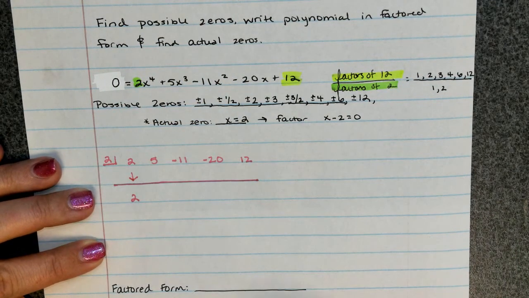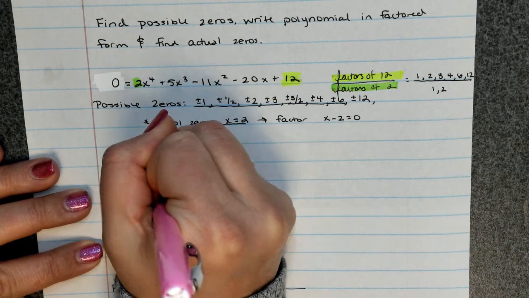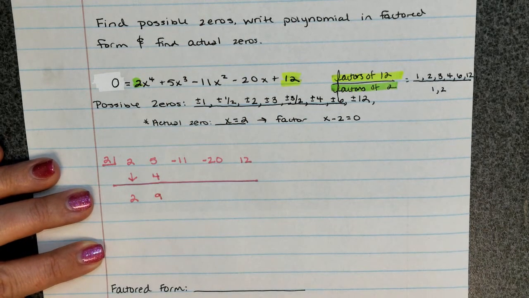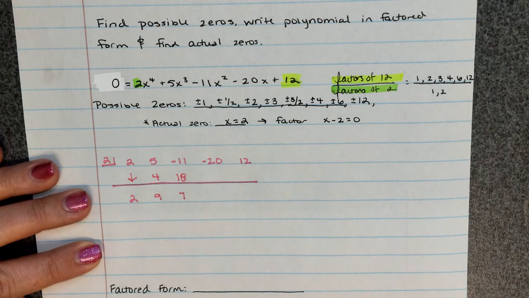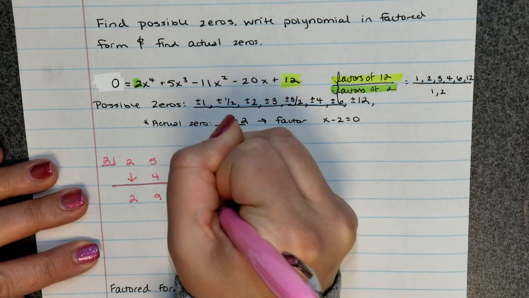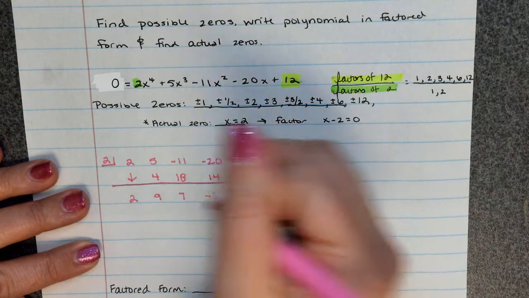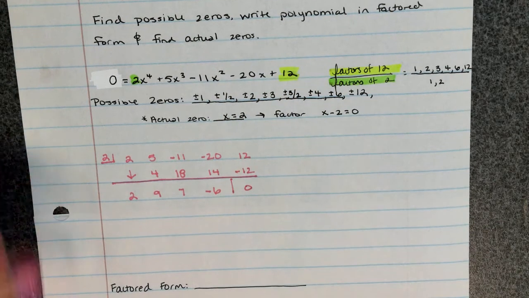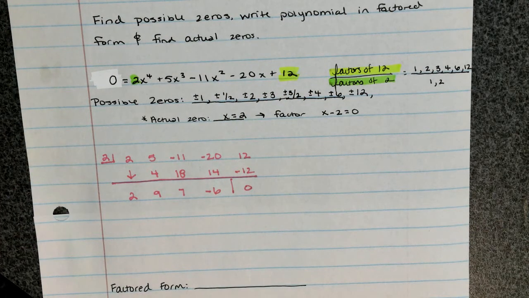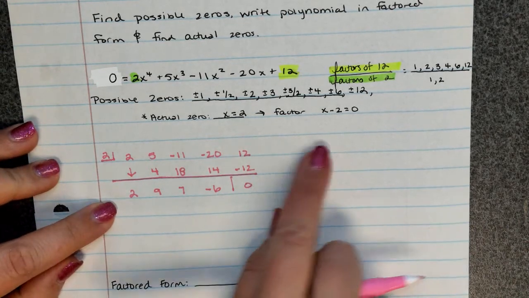And I bring down the 2. Now I'm going to take that 2, multiply by the box, add them up, multiply by the box, add those up, multiply by the box, add those up, multiply by the box, add those up, and I'm looking for that remainder of 0, because what I'm working on is factoring what I had.